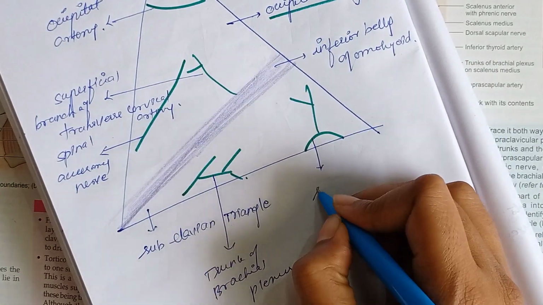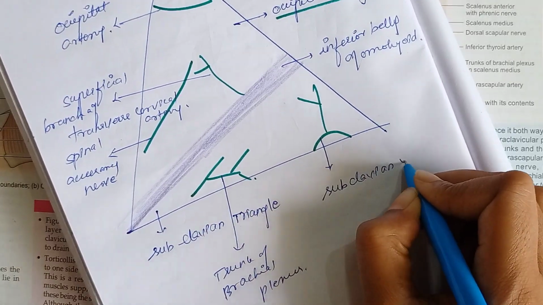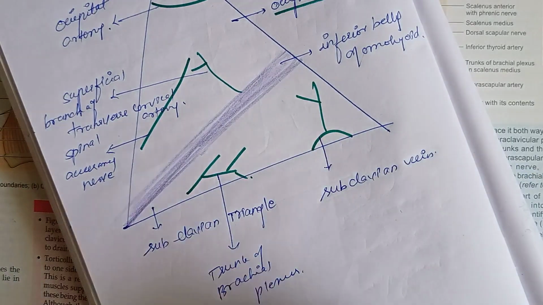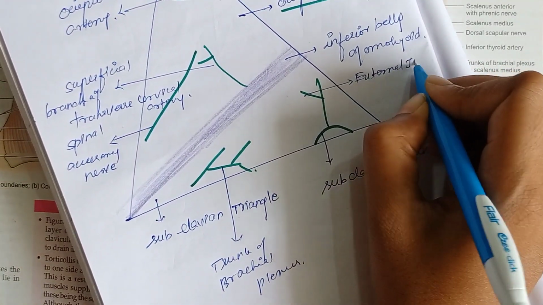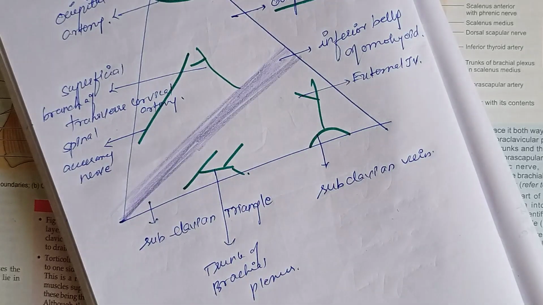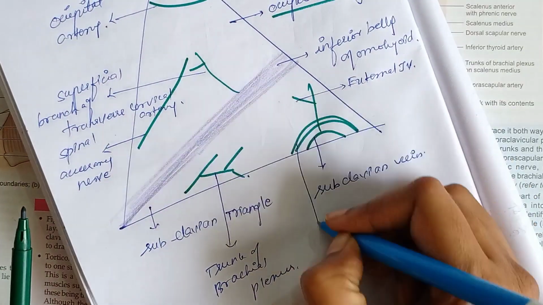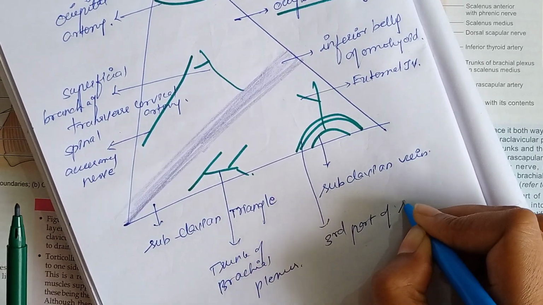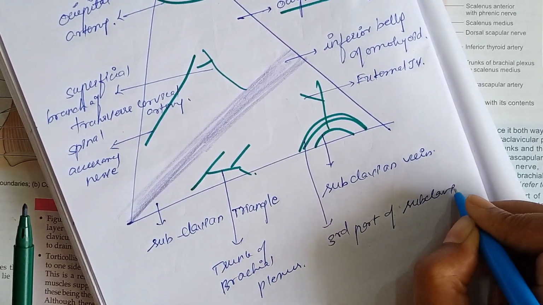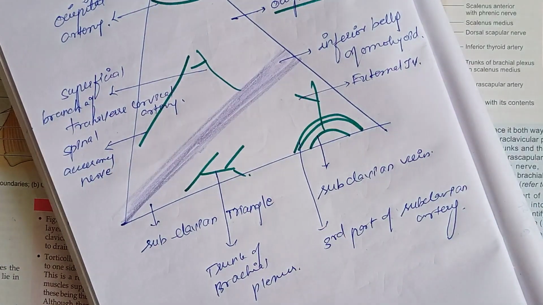This first structure is the subclavian vein, and this is the external jugular vein. The next structure is the third part of the subclavian artery, which is present here.